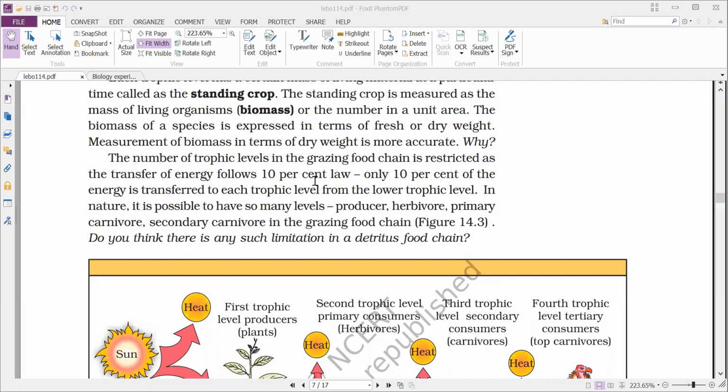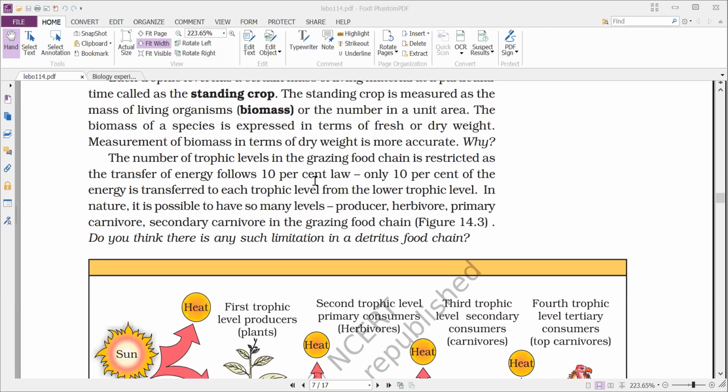That 50 grams will be stored in different parts of the plant: in the leaves, the seeds, the fruits, the stem, and the root. So a herbivore will come and eat the food material, or the plant.